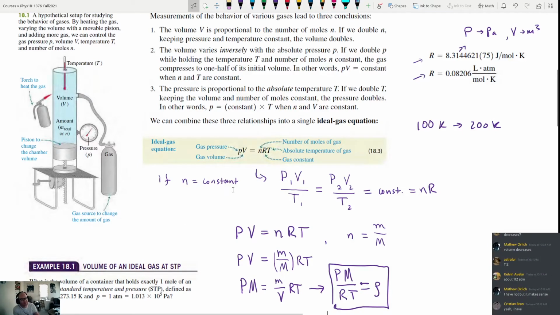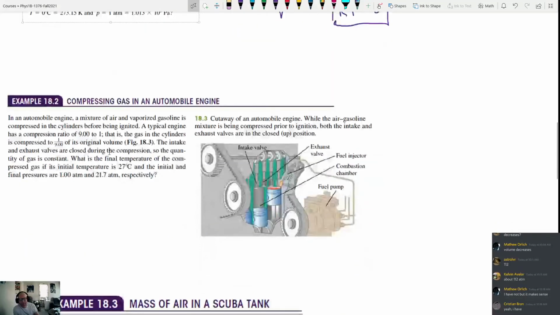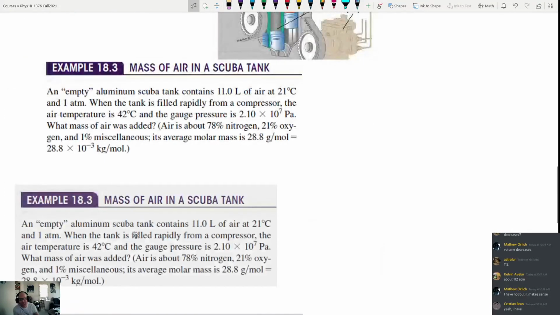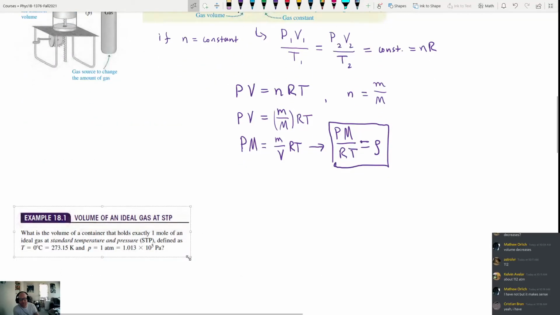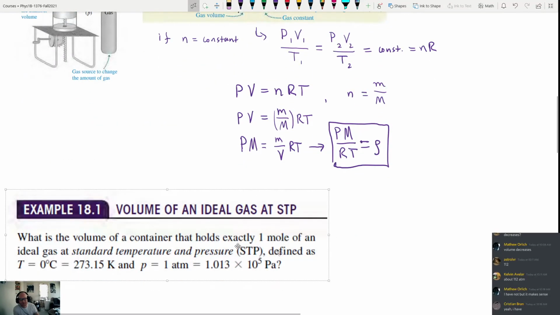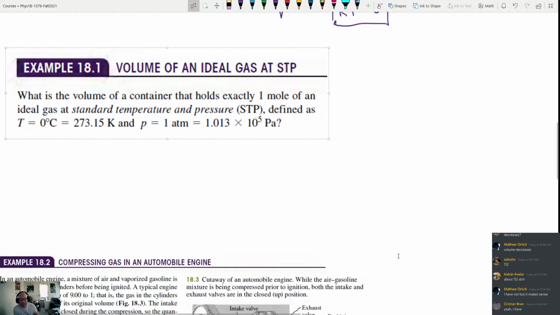Okay, so let's see how this first problem, I think, is pretty easy. So I think maybe it might be a good way for you just to test to see if you understand the equation. So I'll just write it right here. So it's pressure times volume is equal to nRT, right? See if you can solve this problem.